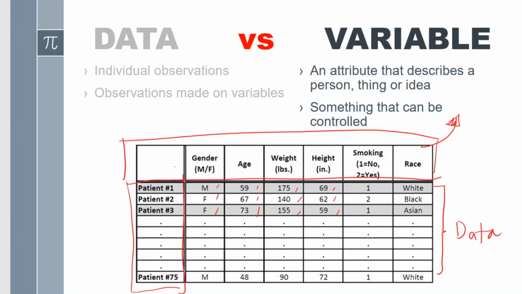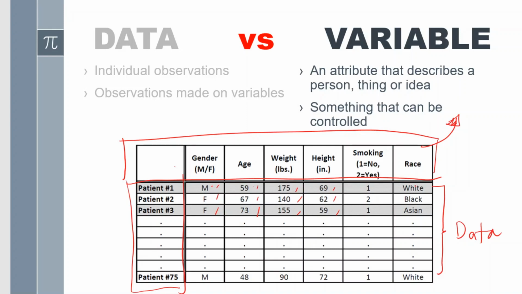I'm hoping that you can see the differences between the data and the variable. The data are the individual observations, in which patient one is a male, age 59 with a weight of 175.